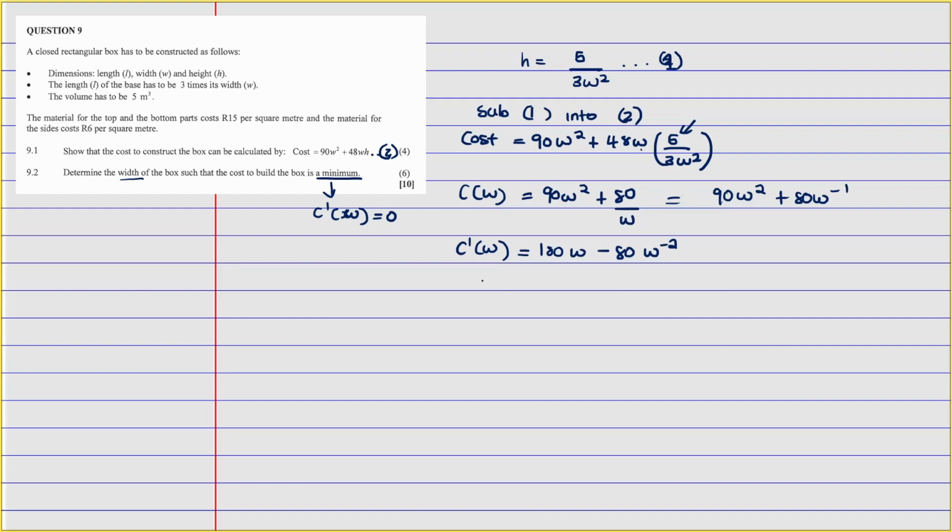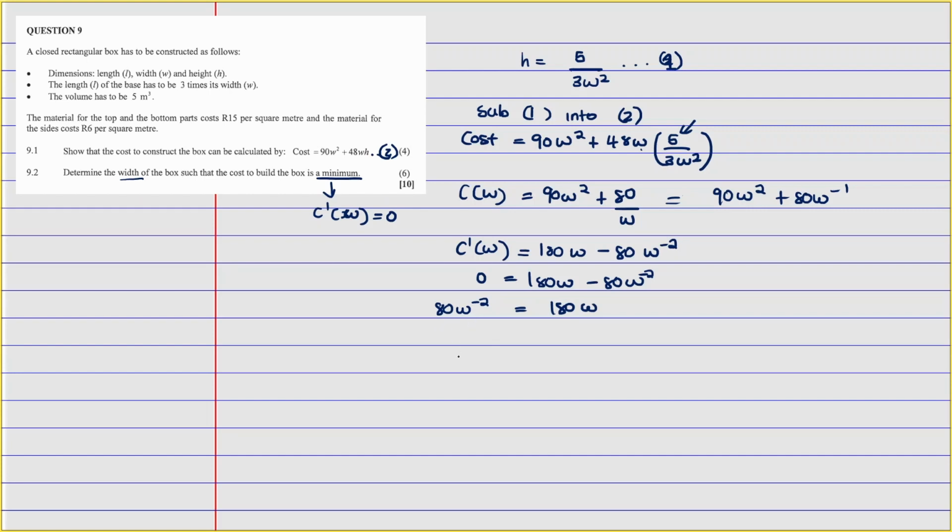So now we're going to set it equal to 0 because that's what we're looking for, and we're going to solve for the width, which is what they want. So this is going to be 180w minus 80w to the negative 2. Take the 80 because it's negative to the other side. It's going to be easy to work with. So you're going to say 80w to the negative 2 equals 180w.